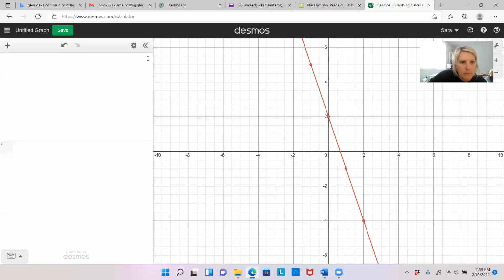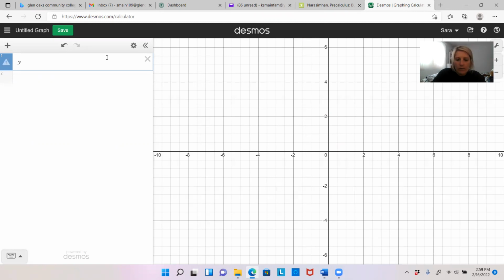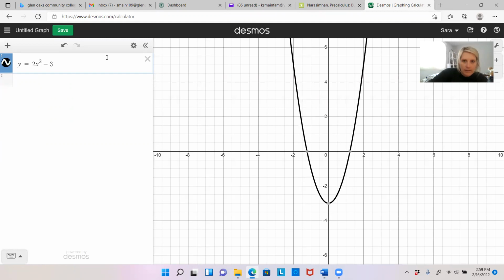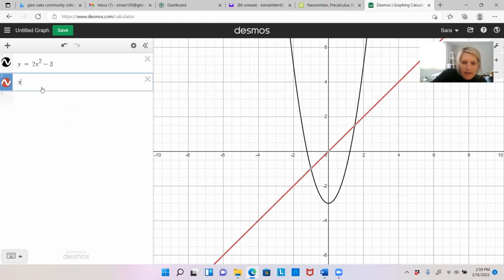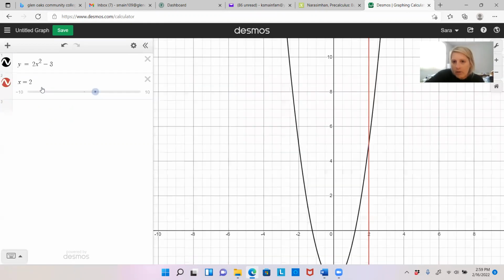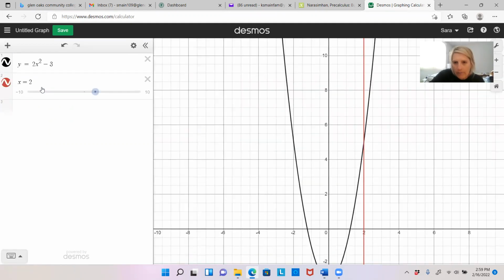Now, the same can be said about number 31. So as far as we can check here, we don't know yet if it's one-to-one. So let's put it in. So 2x squared minus 3. So we can see that we can put in x equals 2, and we only go through the graph one time, right?